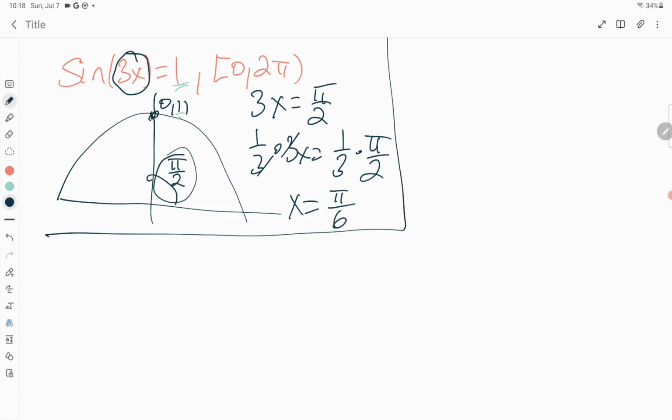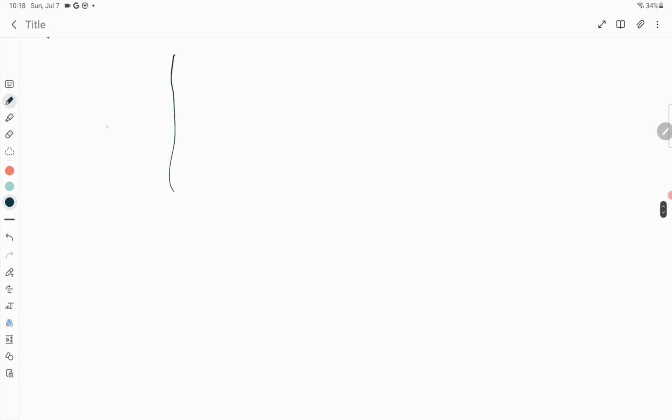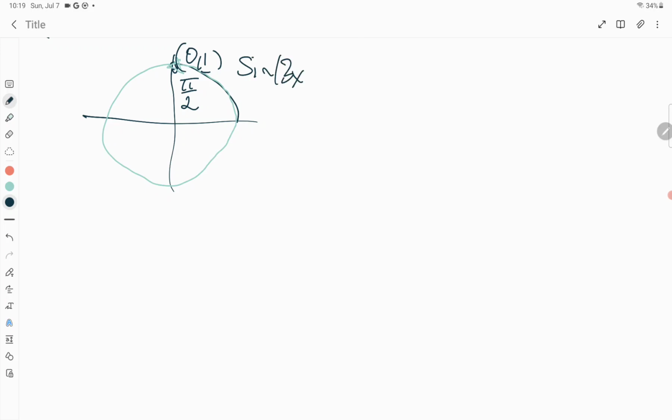You can't stop there. There could be other values of x in 0 to 2 pi that work here. So you've got to keep trying. Besides initializing with pi over 2 right here, after that, you can spin one full time around and come back right here to the same point, (0, 1), again. Now remember, we have sine of 3x equals 1.